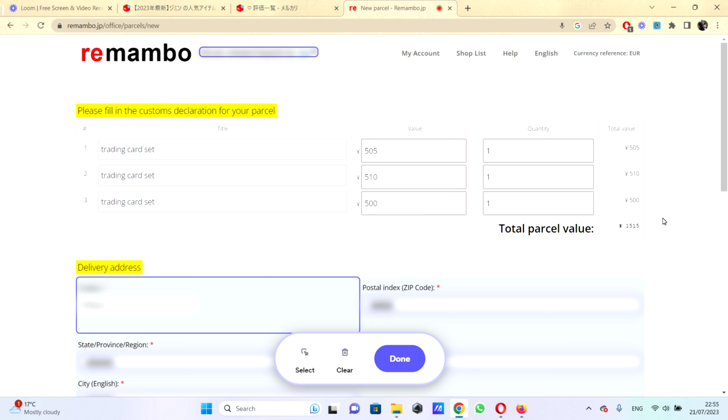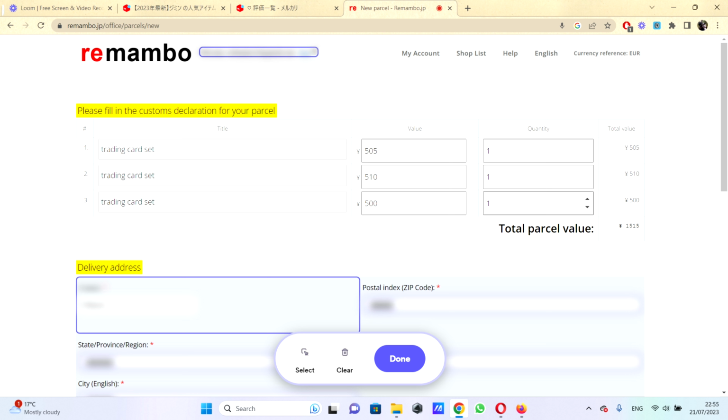Now my total is 1515, which is about 15 euros, which for me is great. I will not get very high customs, so yay. I also have to preface that if your total parcel value before changing is more than 200,000 yen, so 2 and 5 zeros, you are not able to change your customs declaration. So be careful with that.